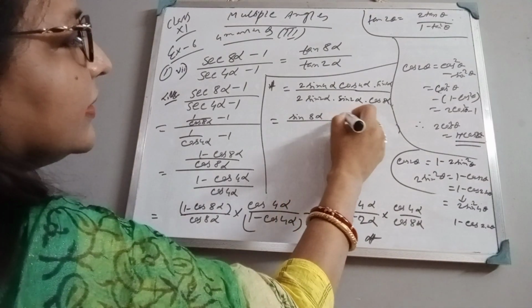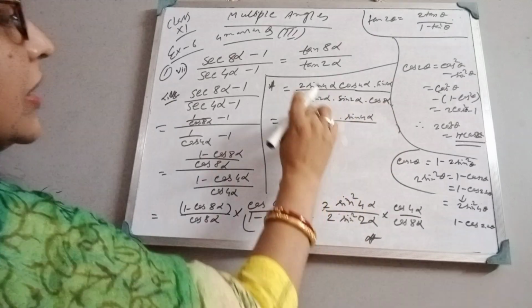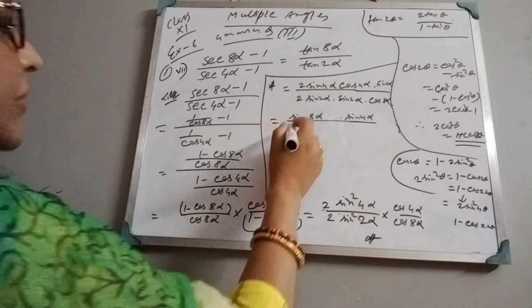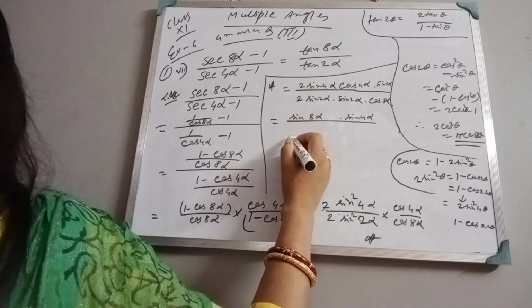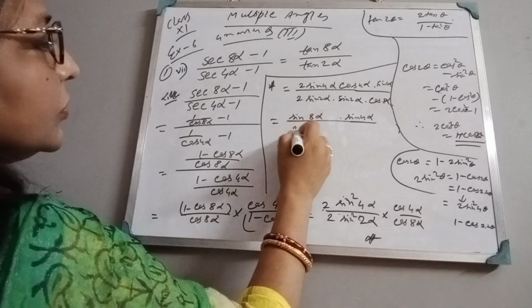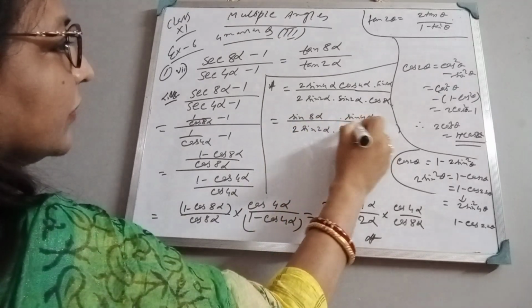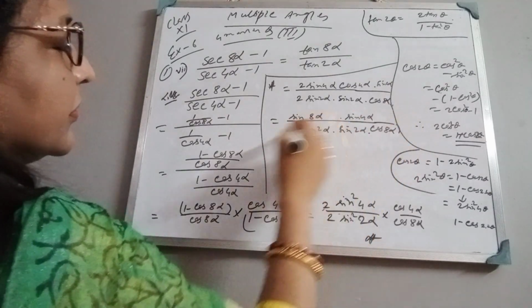Got it? And here it is sine 4 alpha. Keep it. Now 2 sine 2 alpha, sine 2 alpha, keep like this, and it is cos 8 alpha.